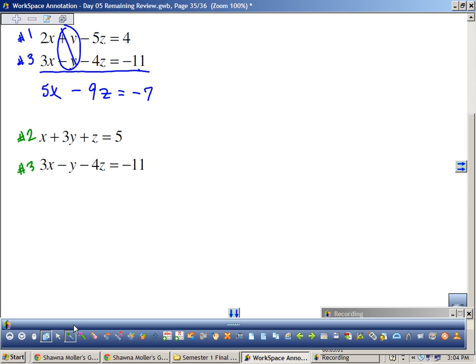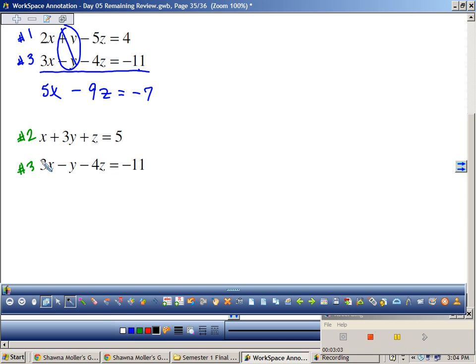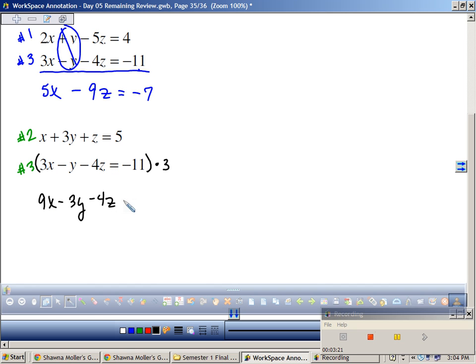And we're going to multiply by positive 3, which is going to make us 9x minus 3y minus 4z equals negative 11, and 12z equals negative 33.